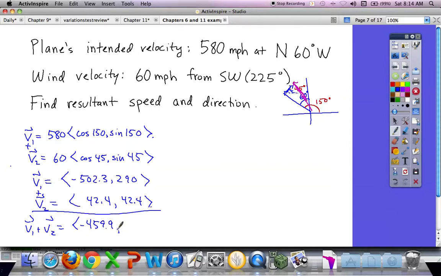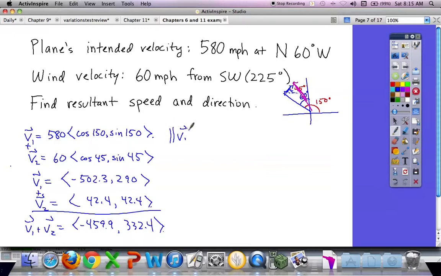And 290 plus 42.4, 332.4. Okay, so that should be some direction to the left in the X and up in the Y. It looks generally okay. How do we find the magnitude of that?